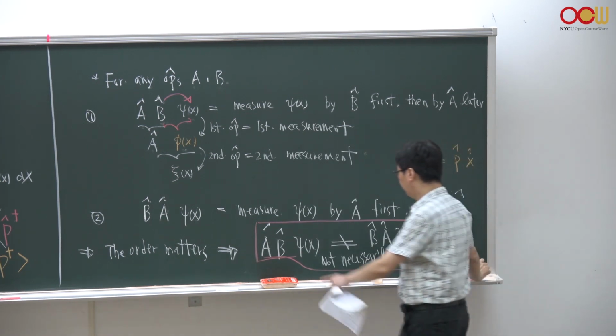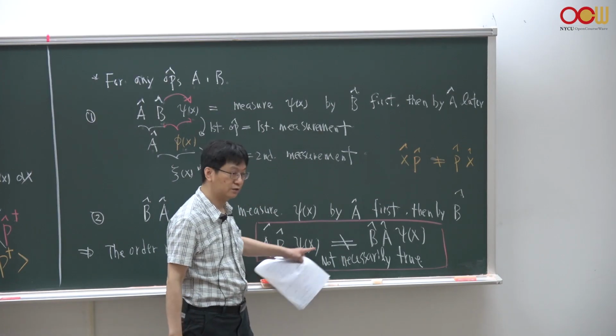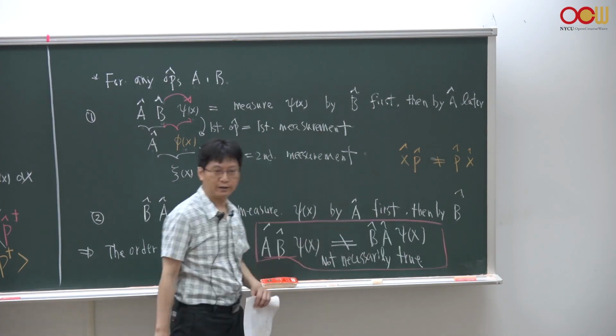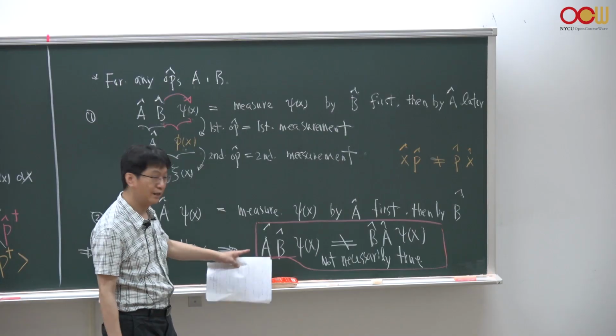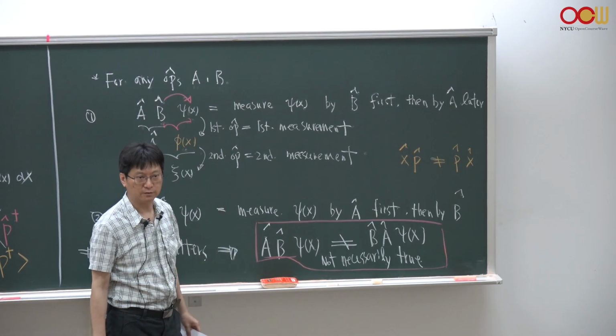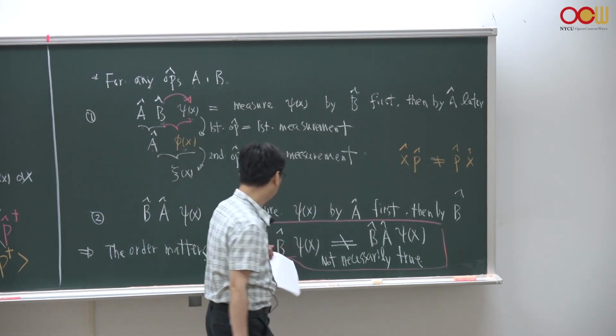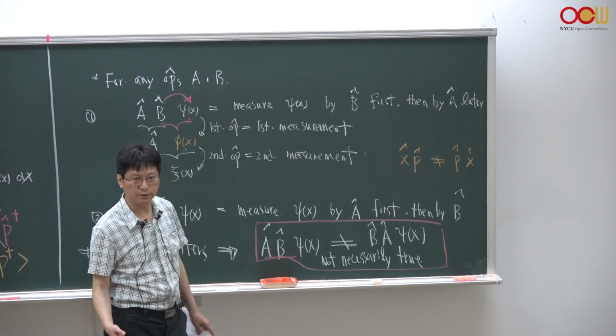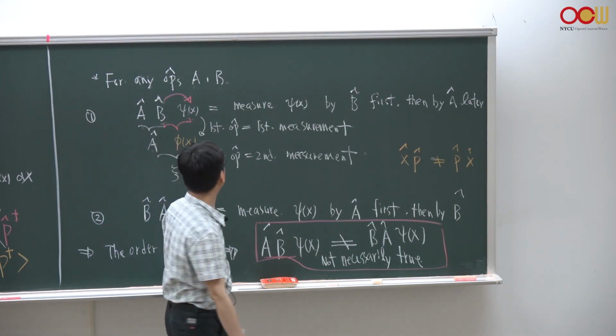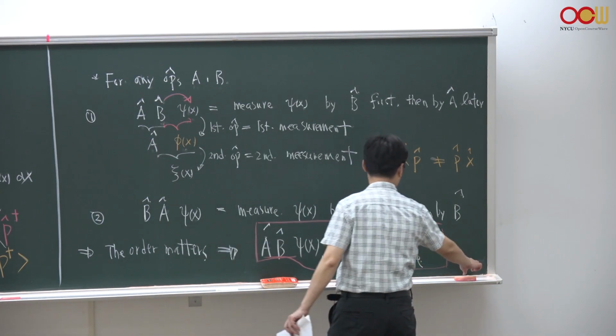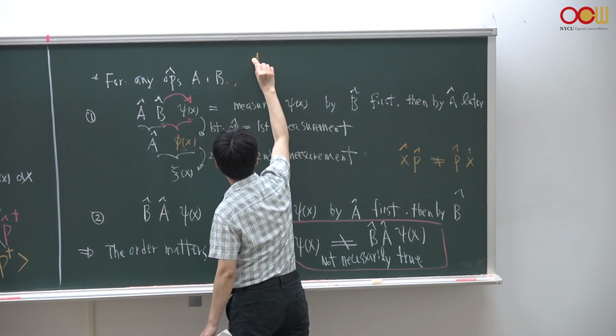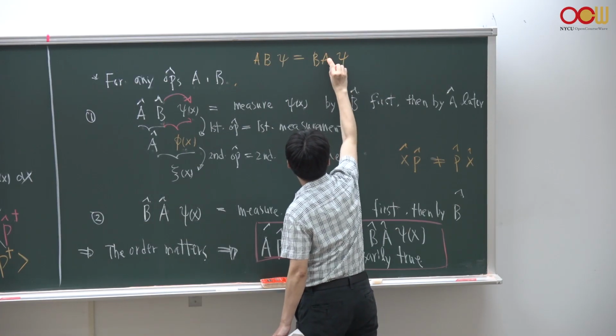When AB applied to psi is not the same as BA acting on the same state, we say A and B are not commuting. But if they are the same, we say A and B are commuting operators. So this is a very important concept.